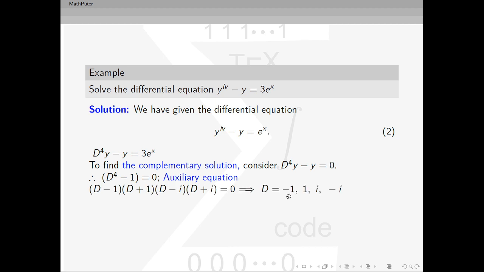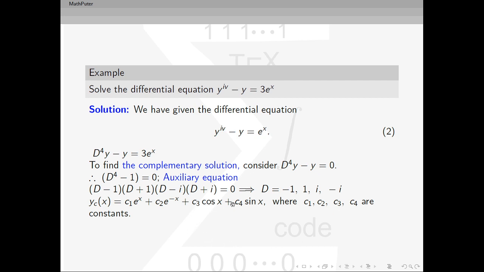Now I am not repeating all such things. Look at here, minus 1 and 1. These two are real and unequal. So we have e raised to x, e raised to minus x. These are the complex: 0 plus 1 into i, 0 minus 1 into i. So e raised to 0x, which is 1.